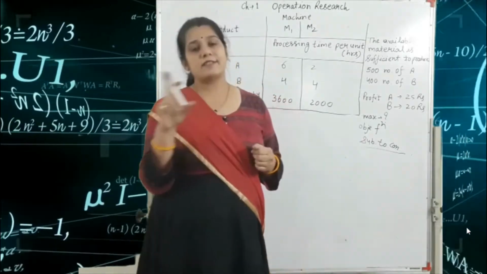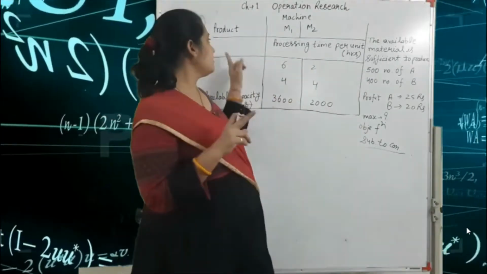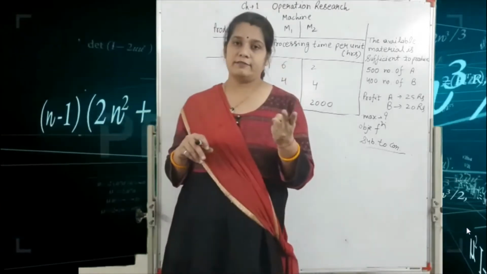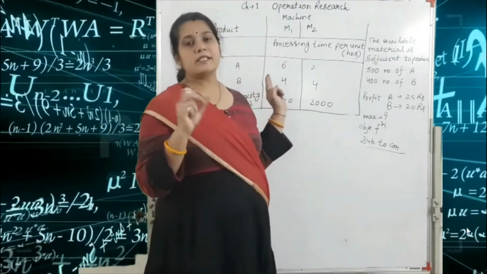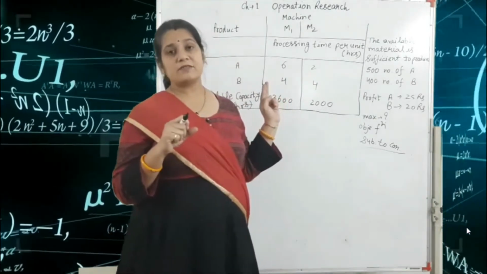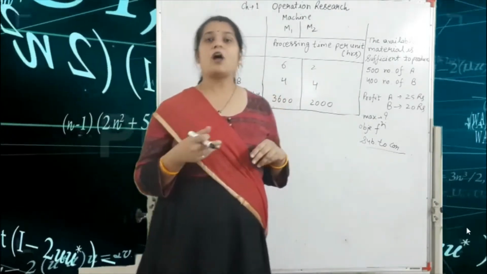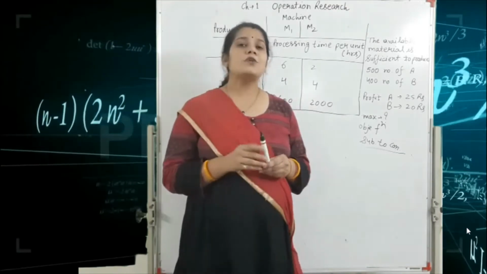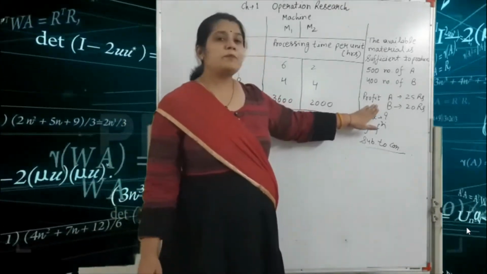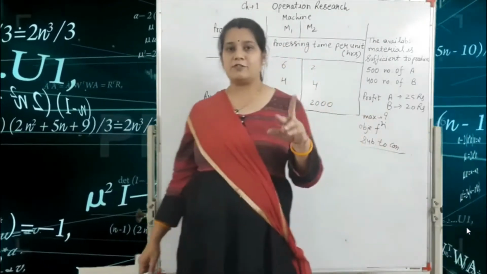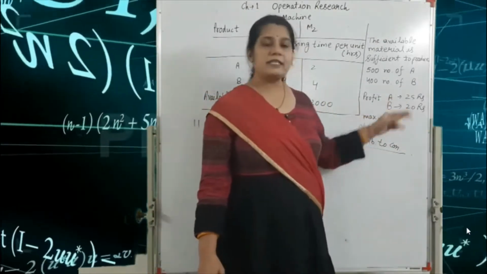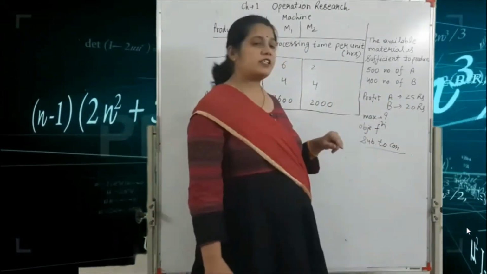In the first sentence, we are given two products. In case we are confused about the decision variables, whether to take two or three, always check the profit or loss. If the profit is given in two values, that means product A is 25 rupees and product B is 20 rupees.